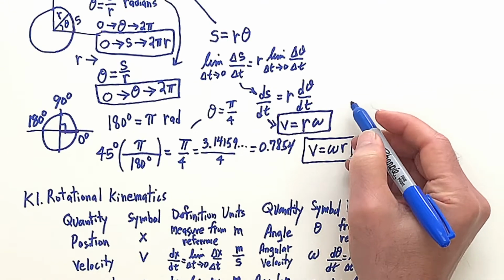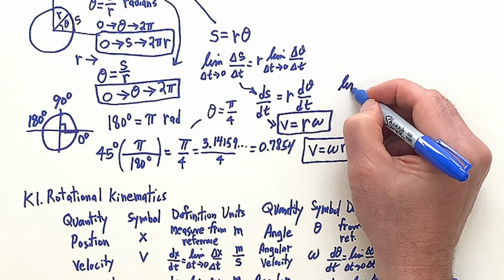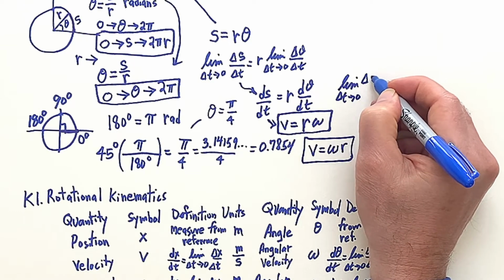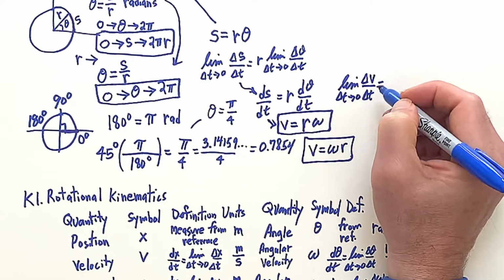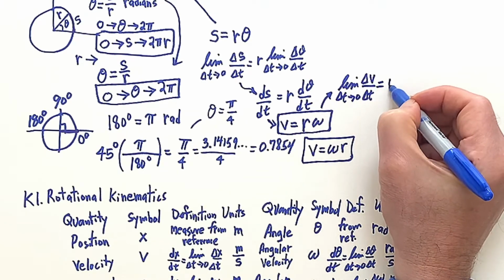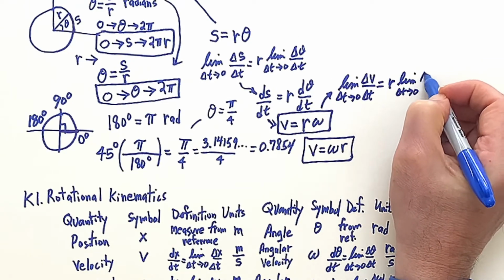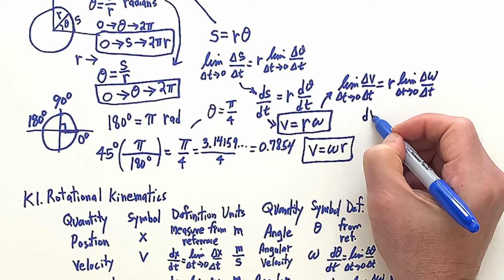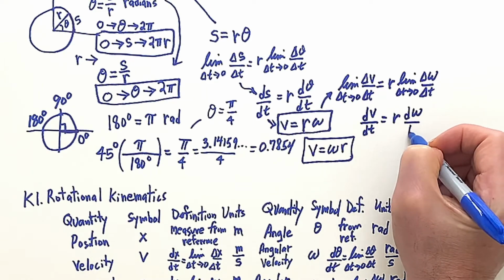Then if we do the same thing again with the derivative, we keep going. We take the limit as delta t goes to 0 of delta v over delta t. That's going to be equal to R times the limit as delta t goes to 0 of delta omega over delta t. And this is dv dt is R d omega dt.